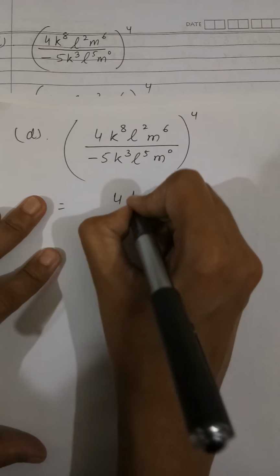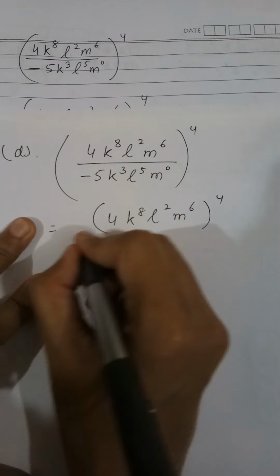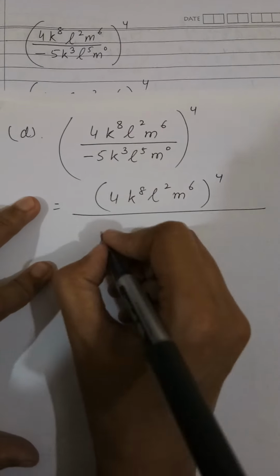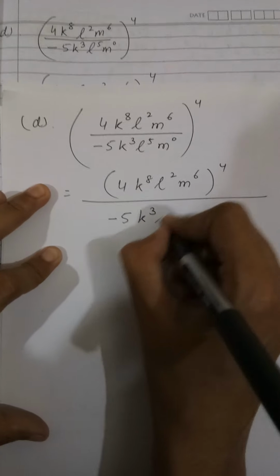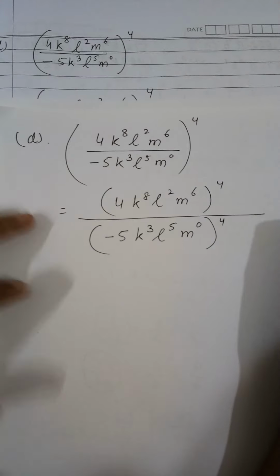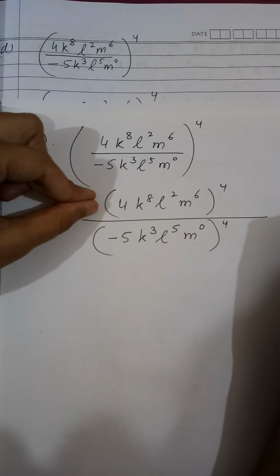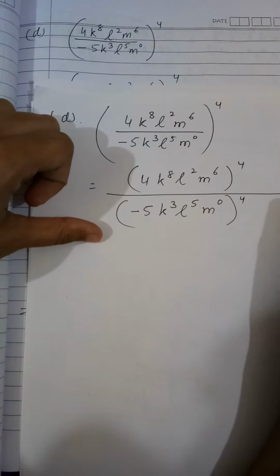So it will be 4k to the power 8 L square m to the power 6 whole power 4, then in divide, minus 5 k cube L to the power 5 m to the power 0 whole power 4. Basically this power was in combination, so I have separated the power in the numerator and then in the denominator.